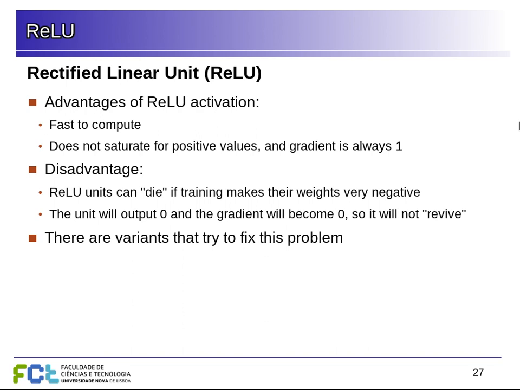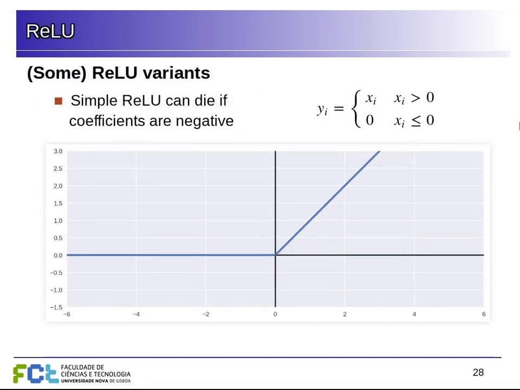A disadvantage is that since the rectified linear unit has a gradient of zero when it's not firing, if it happens that it has a combination of weights that it never fires for all the examples in the training set, then it dies. It will never change those weights because the gradient will always be zero, so we have a dead neuron there. There are variants that fix this problem.